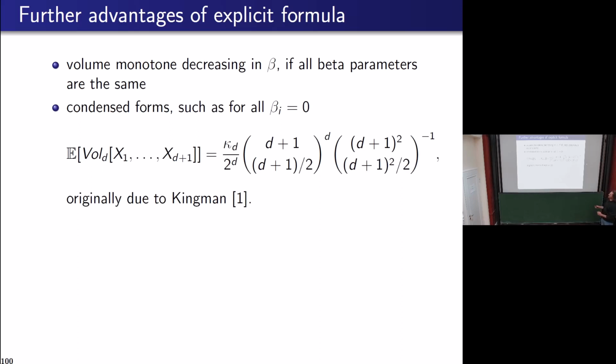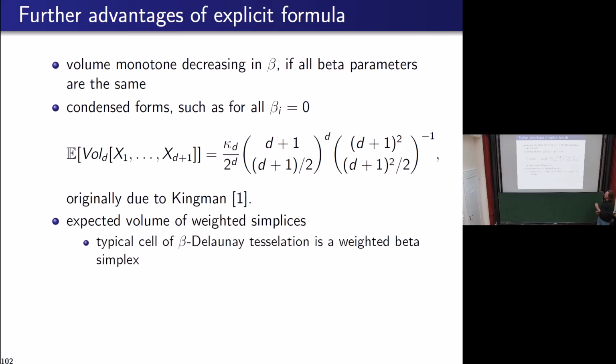We can also get condensed forms, such that if we choose them all to be 0, which is the uniform distribution on the ball, we can write this as a product of these binomial coefficients. The formula is originally due to Kingman, and we can just recover it using our approach. And we can also use it to calculate the expected volume of weighted simplices, which will come in handy once one studies the beta-Thäle oscillations.